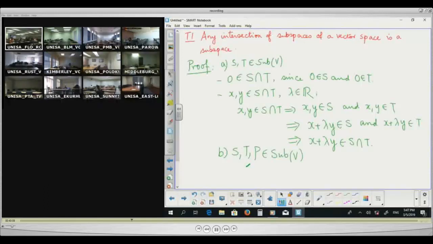And you can do the same thing for 4, 5, and so on. It simply follows the same pattern. And what is the intersection of all of them? Something belongs to the intersection if and only if it belongs to all of them.